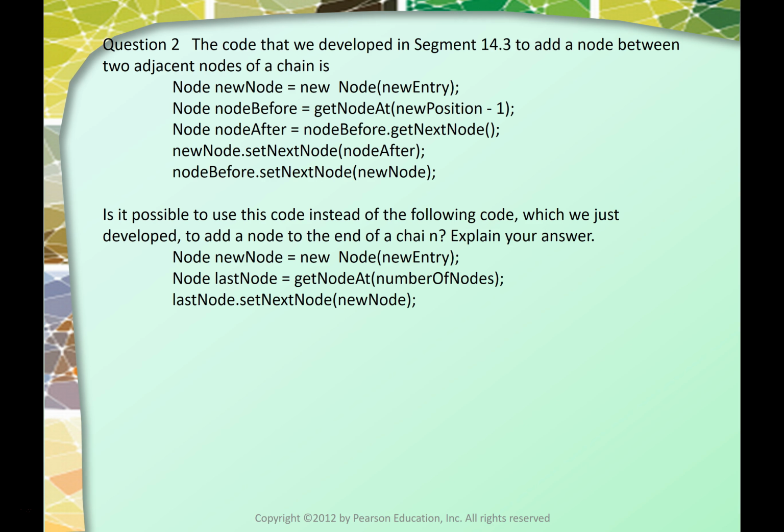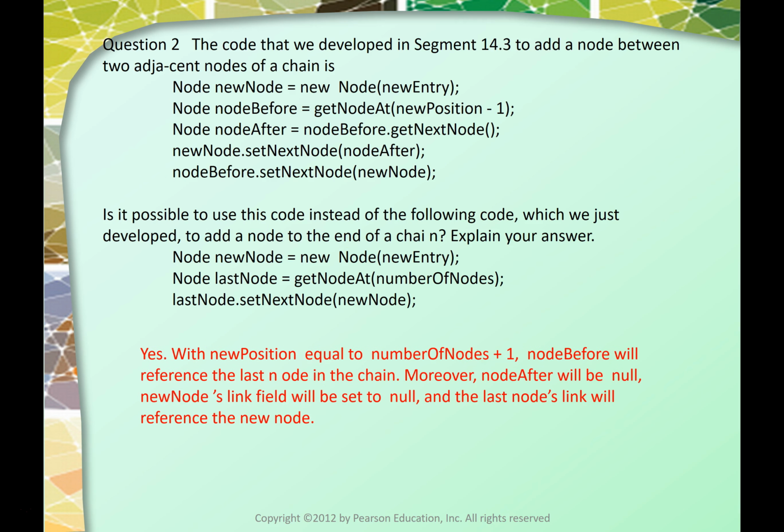And again, there's a question on whether the code that we wrote to add a node between two nodes of a chain is possible to use to add something at the end of the chain, in which case we could simplify the number of options in our method so that it's more direct. And the answer in this case is yes. This code will actually work if you try to add at the end.